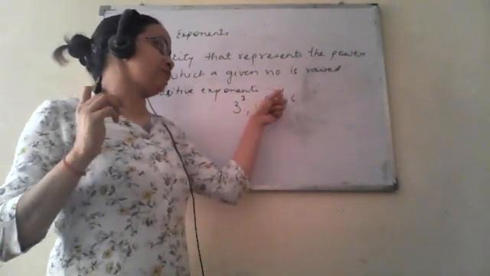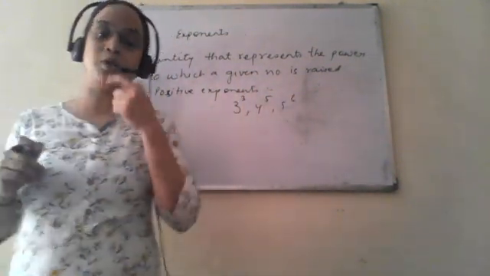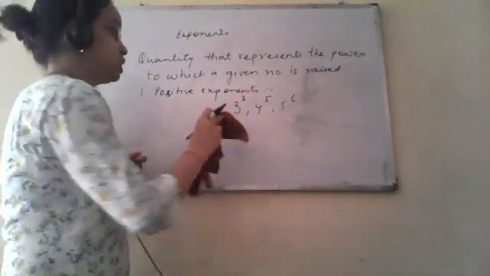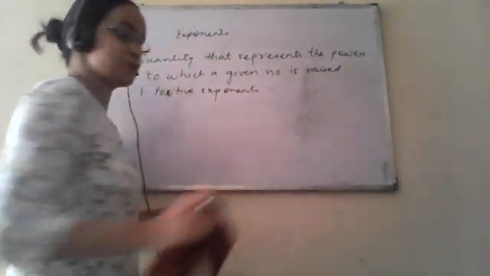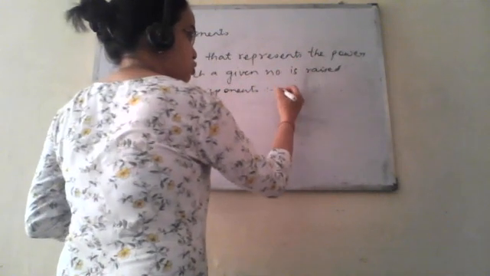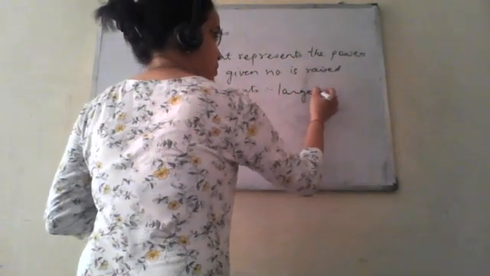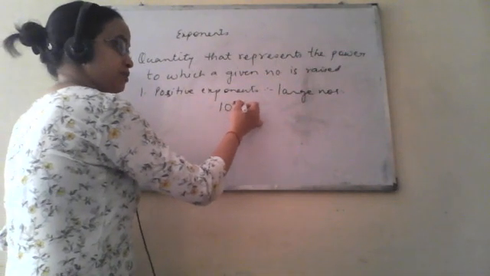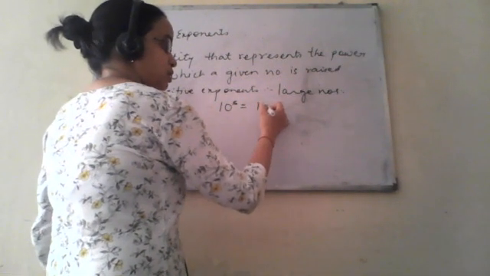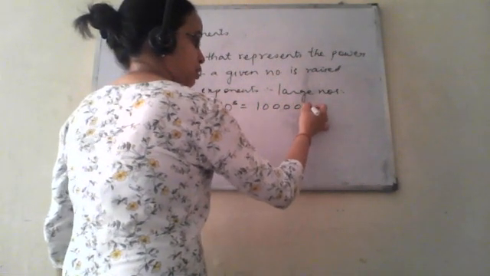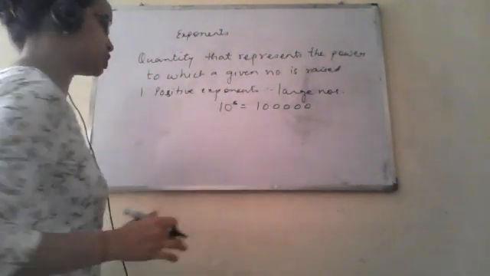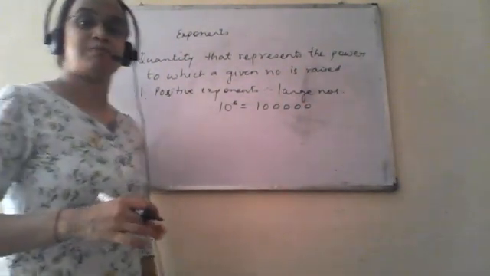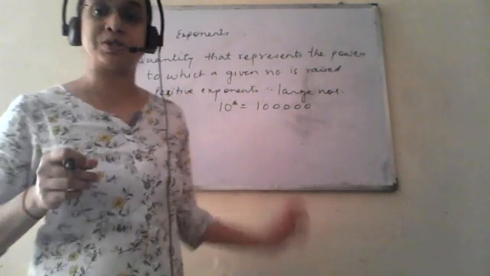These 3, 5, 6 are the exponents, and these are positive numbers. These positive exponents are used to represent larger numbers, like 10 to the power 5. So positive exponents have a positive number as the power, and are used to represent larger numbers.